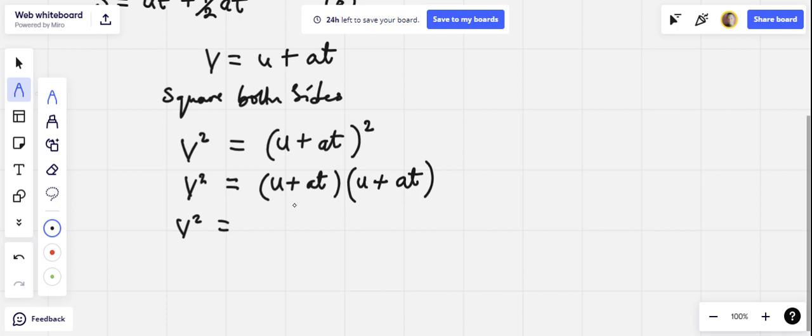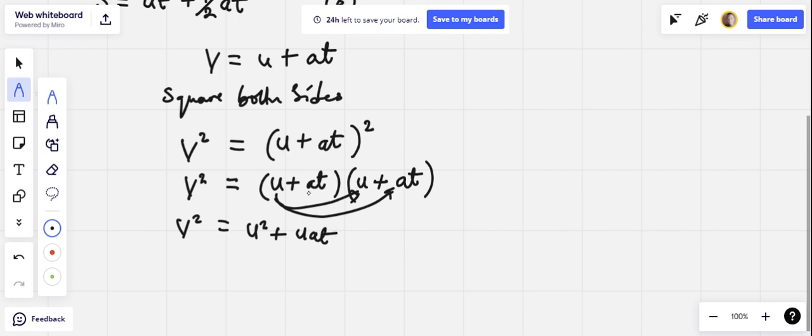How do we do this expansion? You say this first U, the first U in this bracket, times the first U in the second bracket, that will be U squared. Now this same U will multiply with the second term in the next bracket, that will be plus what? UAT.